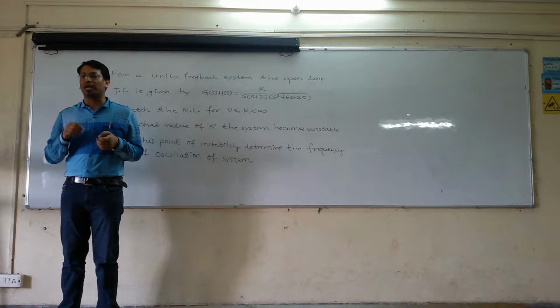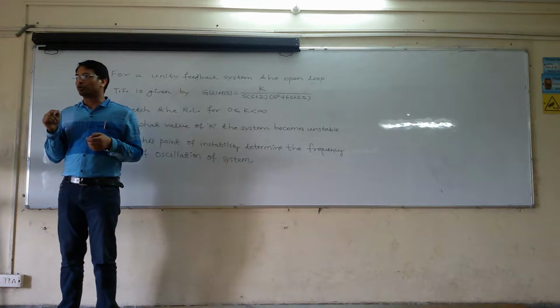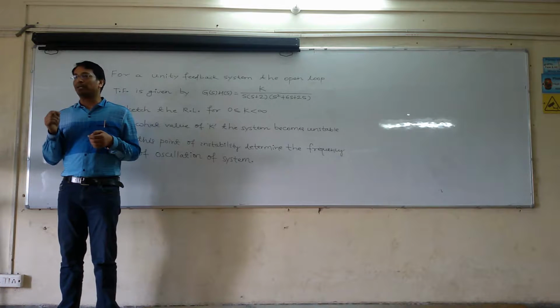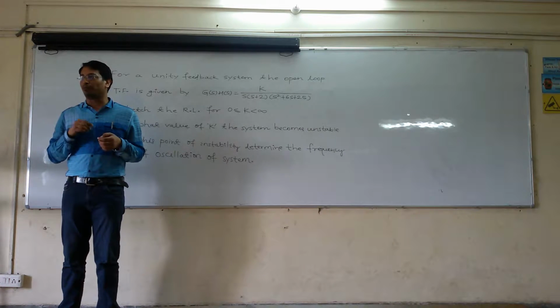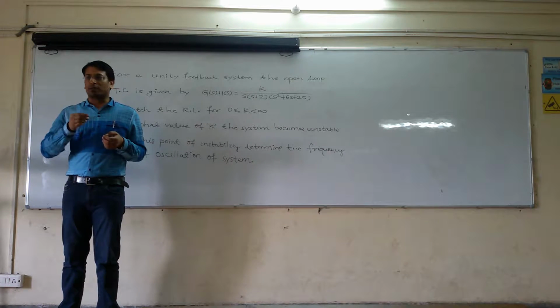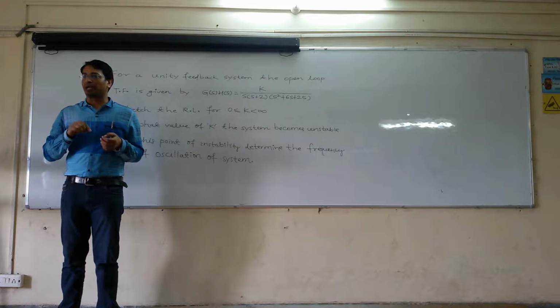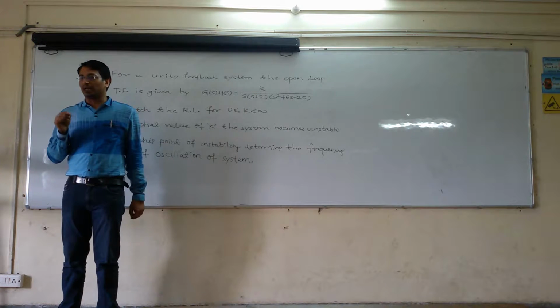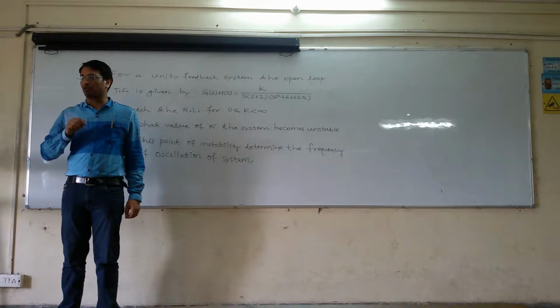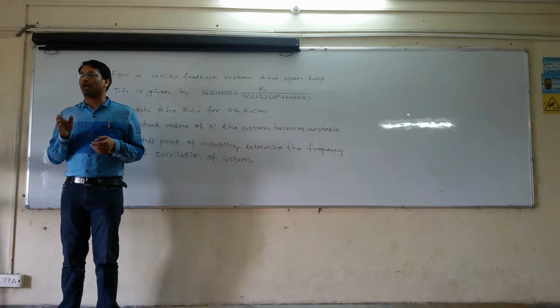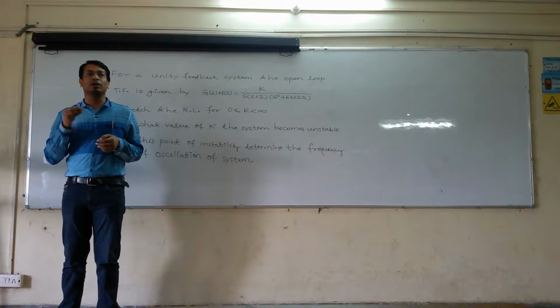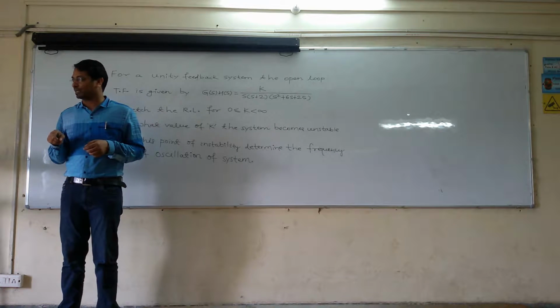If the value of k is positive, then those values of s will be valid breakaway or breaking points. If the value of k comes out to be negative and you are working on the direct root locus, then you have to discard this value. If you are working on inverse root locus, then this value will be accepted.